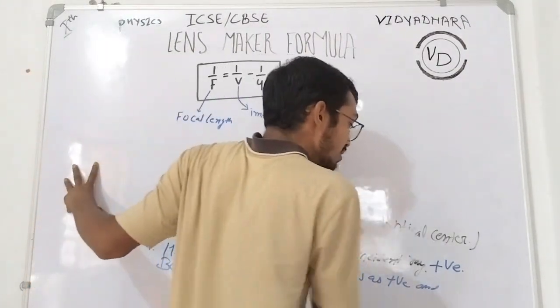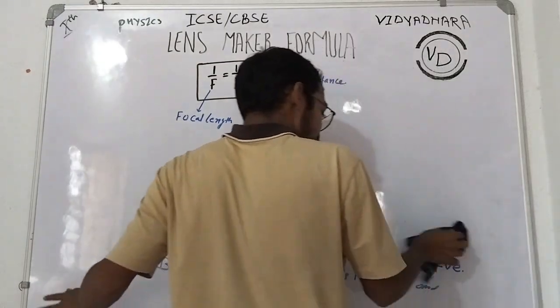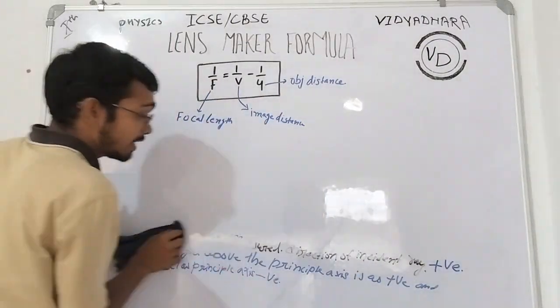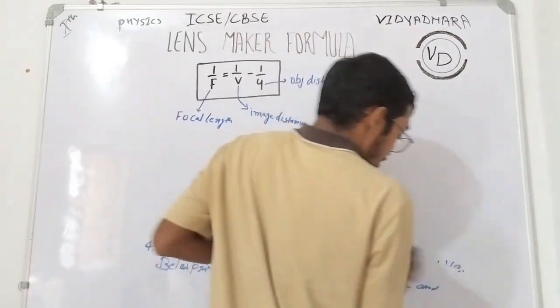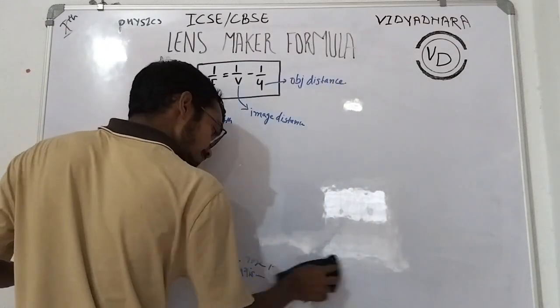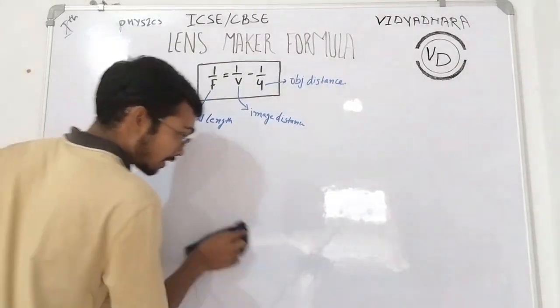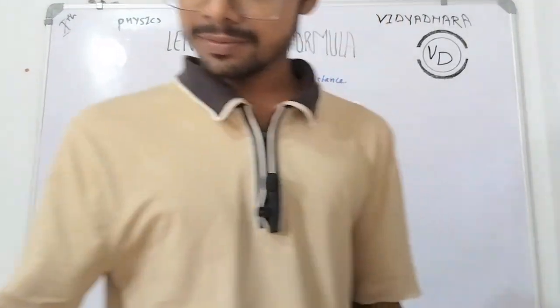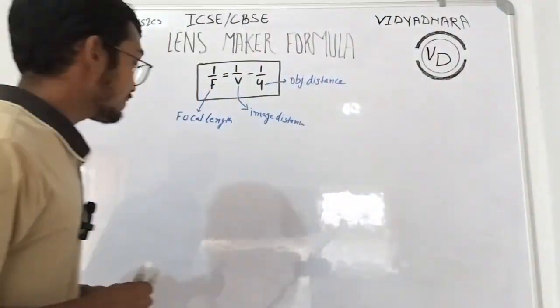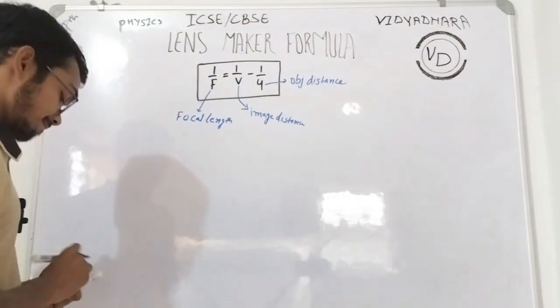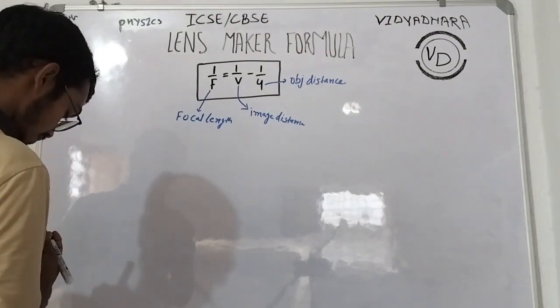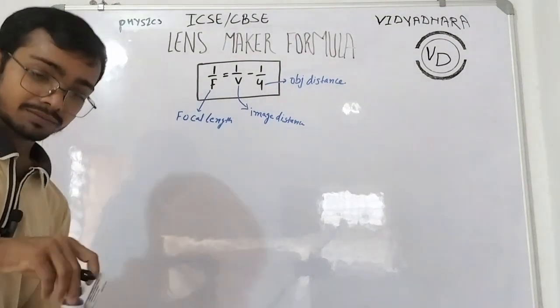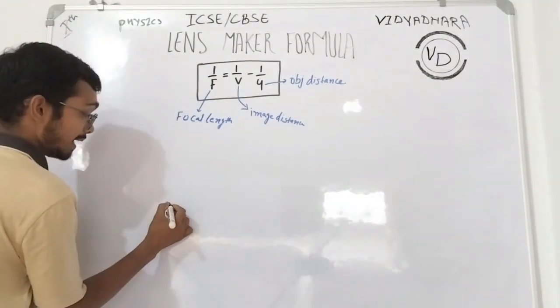So what is the use of lens maker formula, dear? It is used to calculate the position of the image of a lens. So I make just this, this is the principal axis.